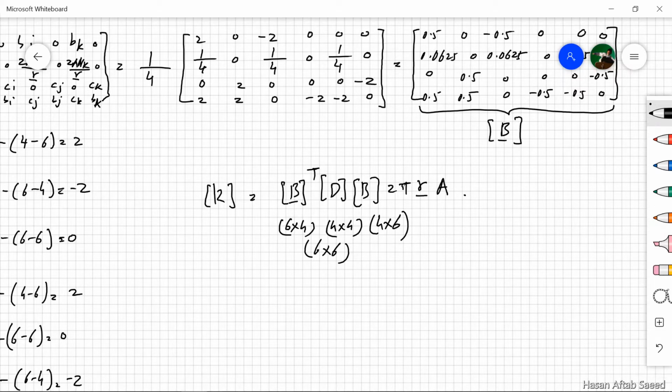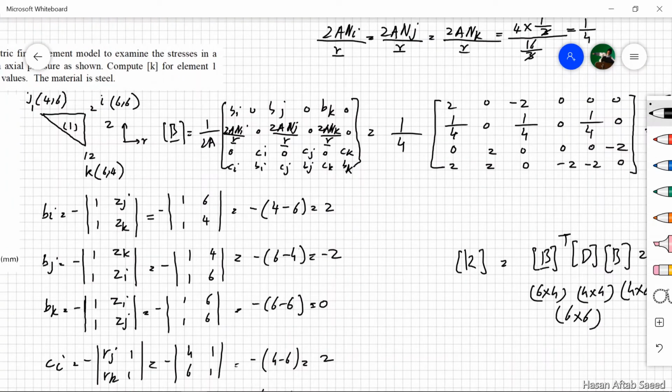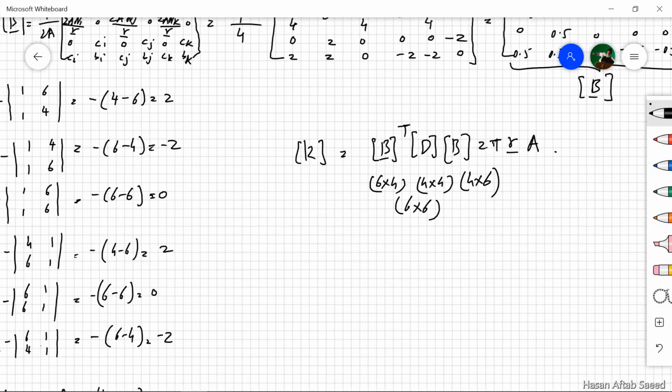And the next thing is about the units. The units for B matrix are, the BI, BJ, BK, all these values are in millimeters. And 1 over 2a is in millimeter square. So 1 over millimeter is the unit of this matrix. Now D matrix is Newton per millimeter square, or at least this is what you should convert it to if you are using the millimeter system. And then again 1 over millimeter. As for R, it is in millimeter, and area is millimeter square.